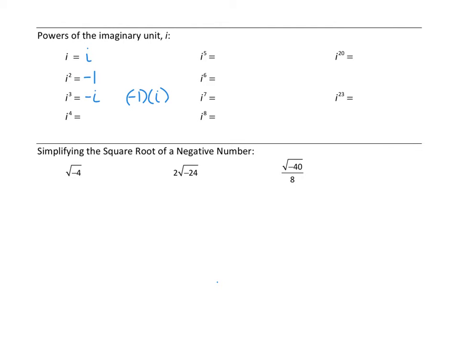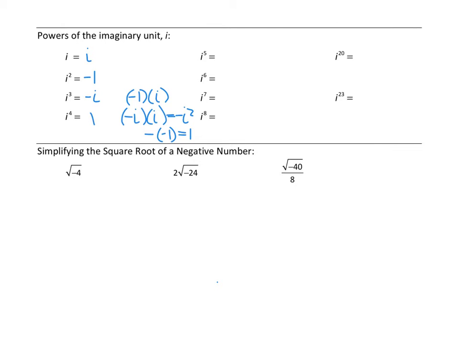And for i to the fourth, if we took i to the third and multiplied by another i, we'd get -i times i, which would be -i squared. And we already said i squared is -1, so a negative out in front of a -1 becomes a +1.